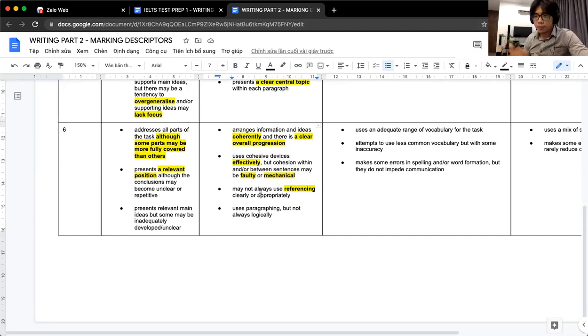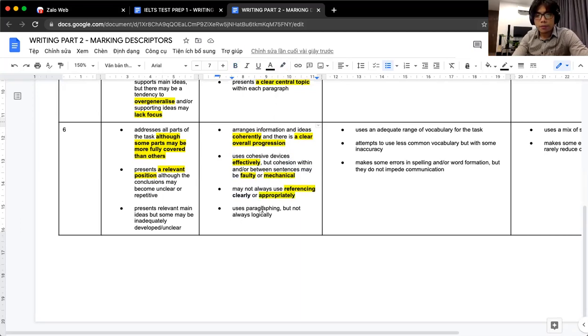But sometimes you use the wrong word. It is supposed to be it, but you say this, or it is supposed to be that, but you say those, for example. So when you don't use referencing clearly or appropriately, appropriately means correctly, then you lose score for this.